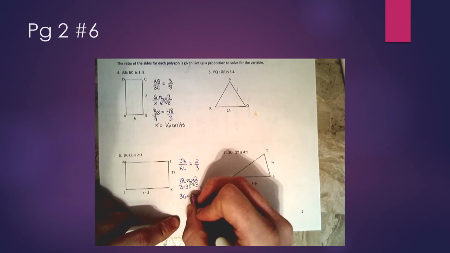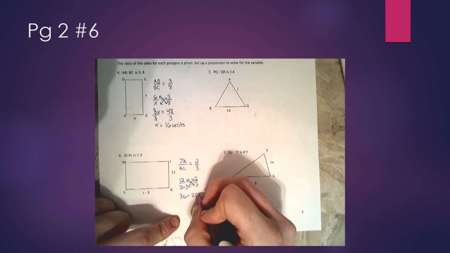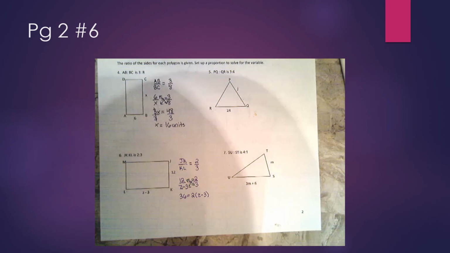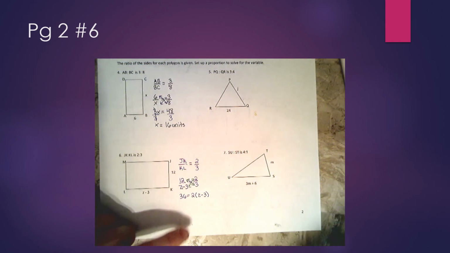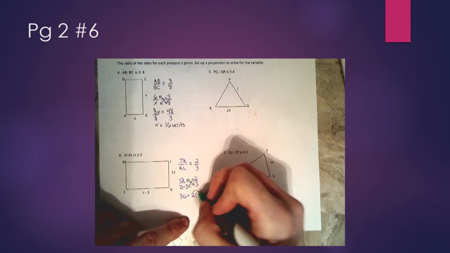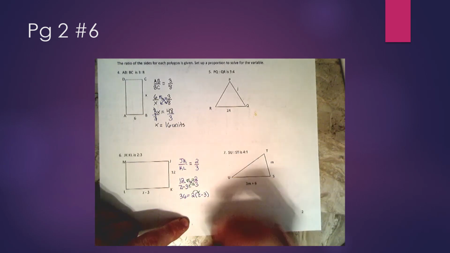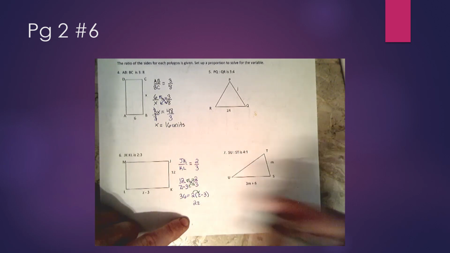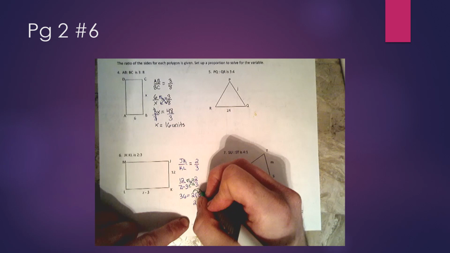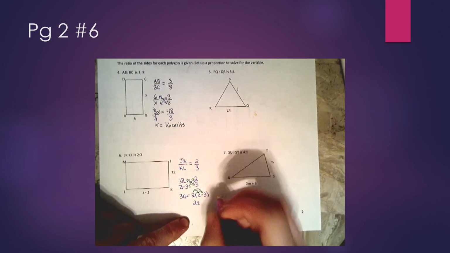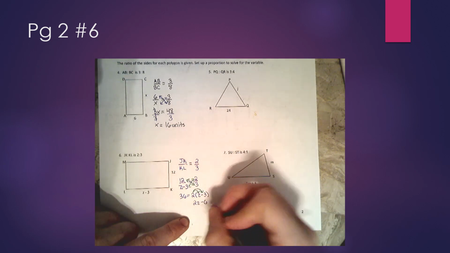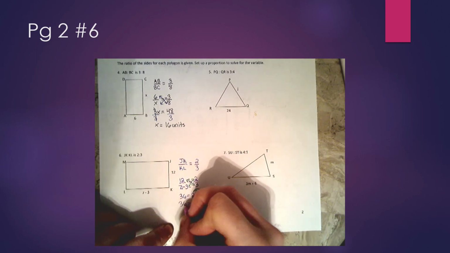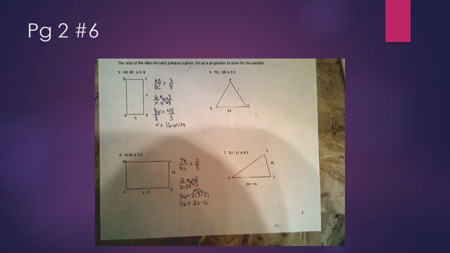That's going to be equal to 2 times Z minus 3. So remember, you do have to distribute. So it's going to be 2 times Z, which is 2Z. And then 2 times negative 3, which is negative 6. So I have 2Z minus 6 on this side, and I still have my 36 on the other.